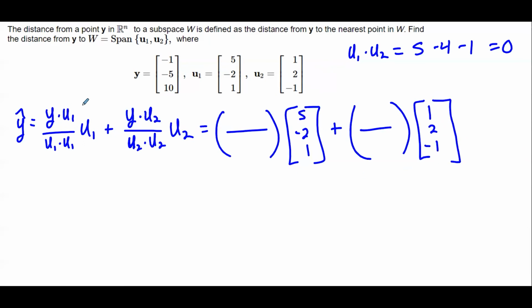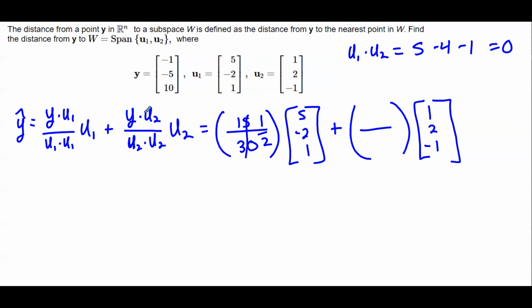So y dot u1, I got -5 plus 10 and plus another 10. So 10 and 10 is 20, minus 5 is 15. U1 dotted with itself, 25 plus 4 plus 1, so that's 30. So this is going to be 1/2.